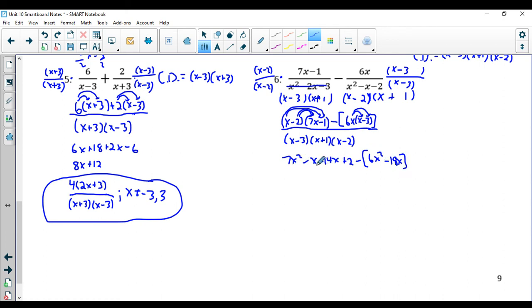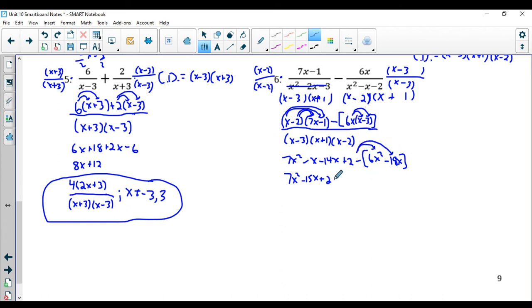From here, I'll combine my like terms out here. So 7x squared minus 15x plus 2. But now I have to distribute this negative sign through.